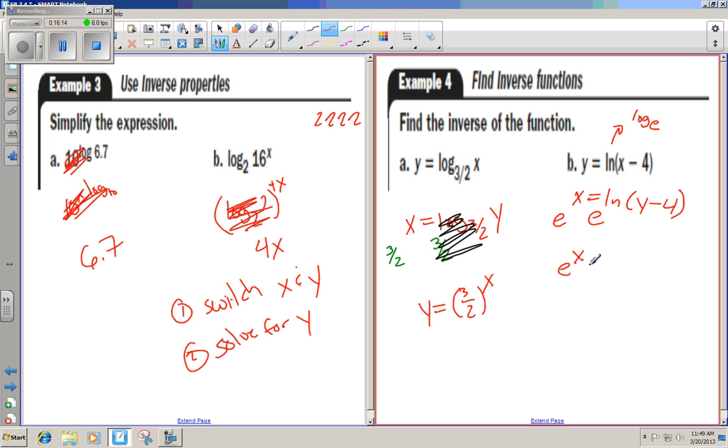So now you have e to the x equals, a natural base and a natural log cancel, y minus 4. And now it's inverse operation of minusing. So you add 4 to both sides, and you get y equals e to the x plus 4. Make sure it's obvious that it's not e to the x plus 4 in the exponent. It's e to the x, then plus 4.